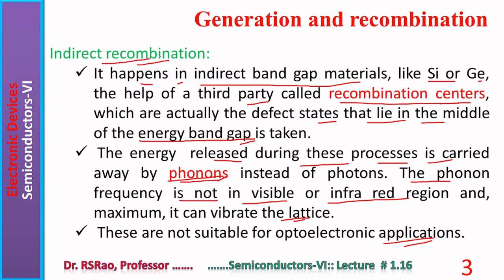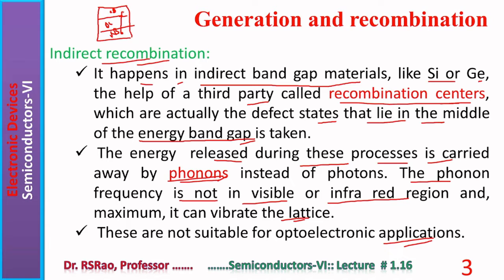To understand indirect recombination, you consider once again energy band diagram of a semiconductor. Conduction band, valency band, band gap. In indirect recombination process, what happens is a conduction band electron falls into a valency band not in a single step. It occurs in 2 or more steps.